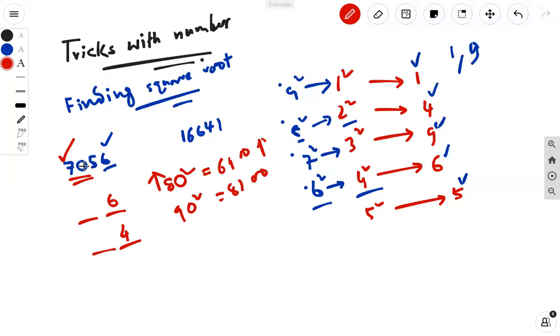Now, as 7056 is lesser than 8100, we can say the number is between 80 and 90. Now, 7056 is closer to 6400 than 8100. So we can easily say that among these two, this will be the square root.